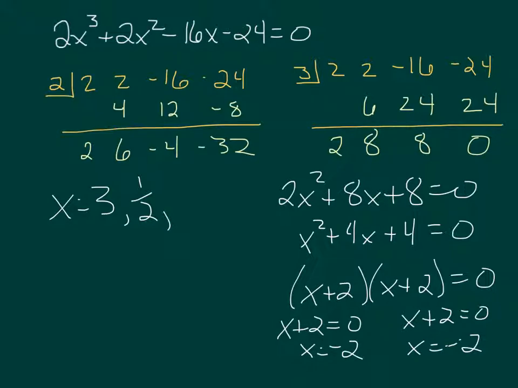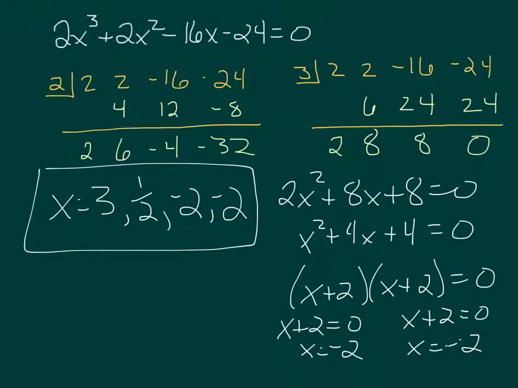And so our other zeros are negative 2 and negative 2. Okay, so this isn't the worst thing in the world. It's a little time consuming, but there's a lot of information that you can use if you really understand how functions work in the coordinate plane and what you're looking for.